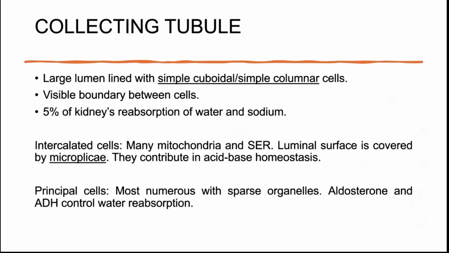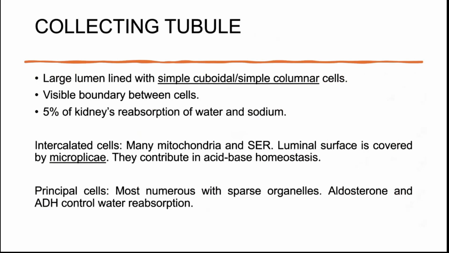They have two types of cells. There are the intercalated cells and the principal cells. The intercalated cells have a lot of cell organelles such as the mitochondria and the smooth endoplasmic reticulum, and the surface pointing towards the lumen is covered by something called microplicae.